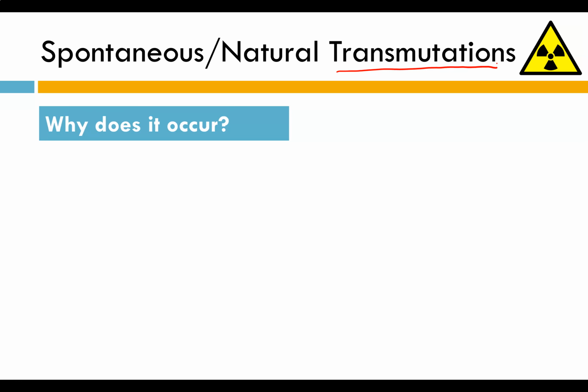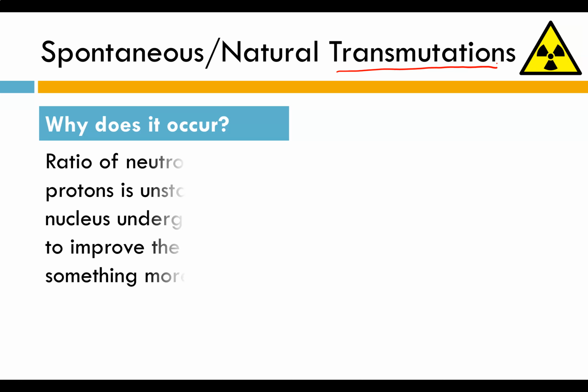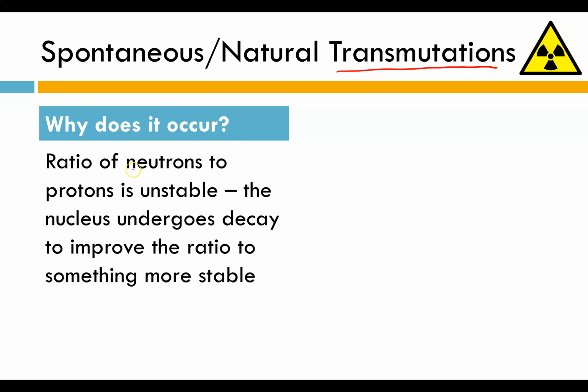So why does this occur? Why do we see an atom turning into another atom? It has to do with this ratio of neutrons to protons. Certain combinations or certain ratios of neutrons to protons are just inherently unstable. The nucleus is going to undergo some sort of decay.